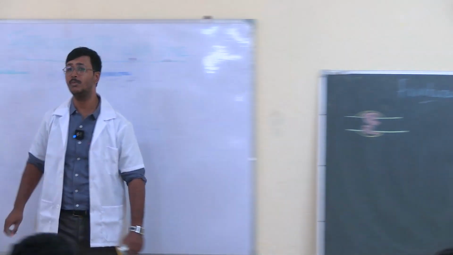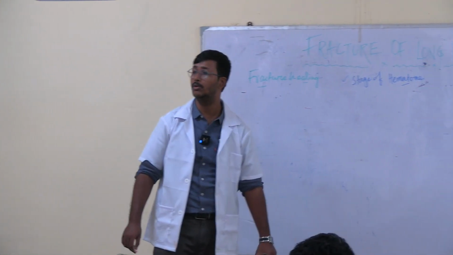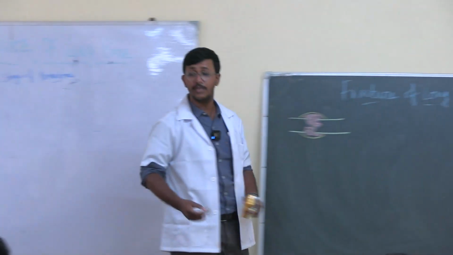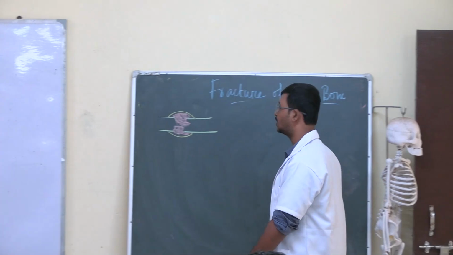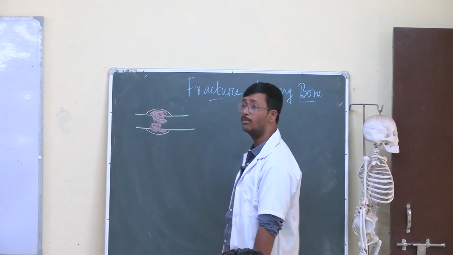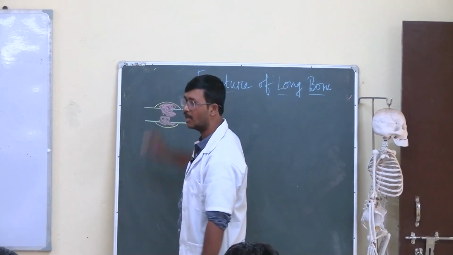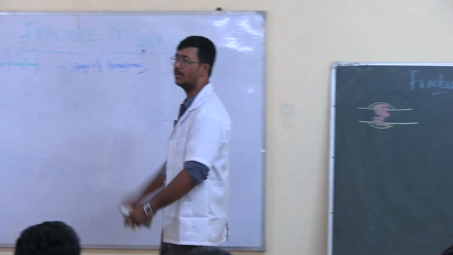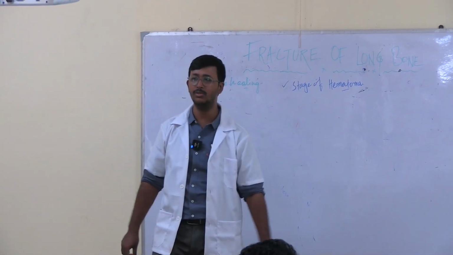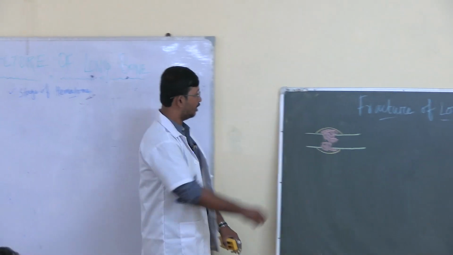So what do you mean by hematoma formation? No, blood clot is not hematoma. Blood clot has a separate mechanism. First of all, there will be bleeding, inside bleeding. Hematoma: hema means blood and oma means swelling, due to that bleed. That is your hematoma.